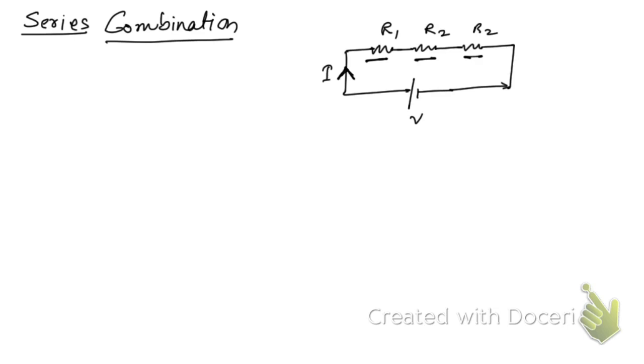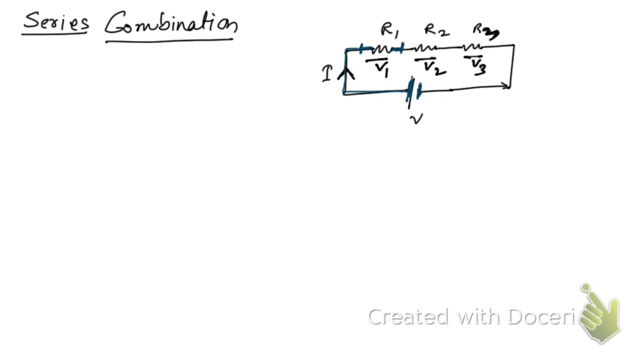But here the potential across these resistors will be different. Across R1 suppose V1, across R2 suppose V2, across R3 suppose V3. The potential difference will be different here, because you see this end of resistor R1 is connected to the battery directly, but the other end is not connected to the negative terminal of the battery directly.